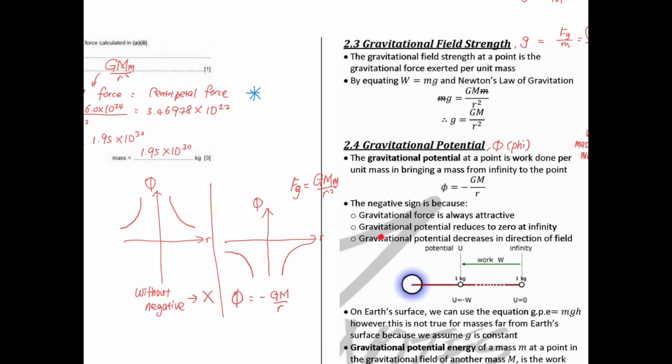Let's see some more. Gravitational potential decreases in the direction of the field.